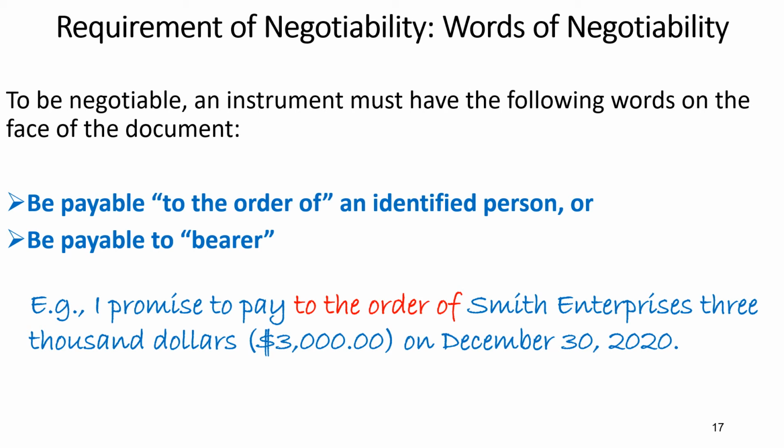It allows the payee to take this money owed to them and transfer it to someone else in the present and let the third party wait for the money, and it allows them to create cash flow in the present. And that's all created by the insertion of these words "to the order of," because what this is essentially saying is I promise to pay Smith Enterprises, or anyone that they direct the money to go to their order.